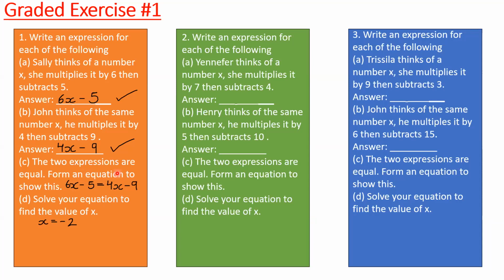Then we divide both sides by 2. We cancel the 2's, which gives us x equals -4 over 2, which gives us x equals -2. Very good. X equals -2.